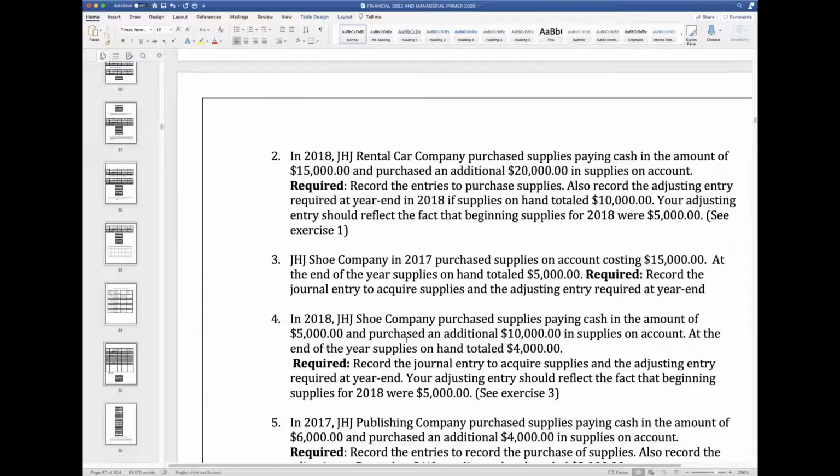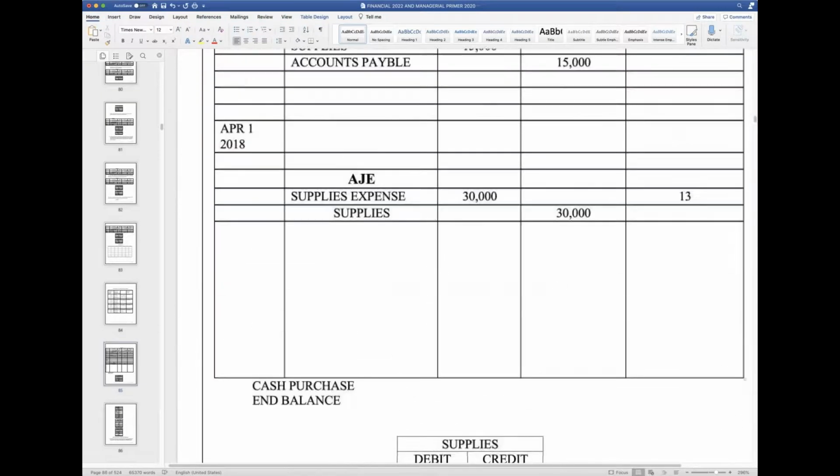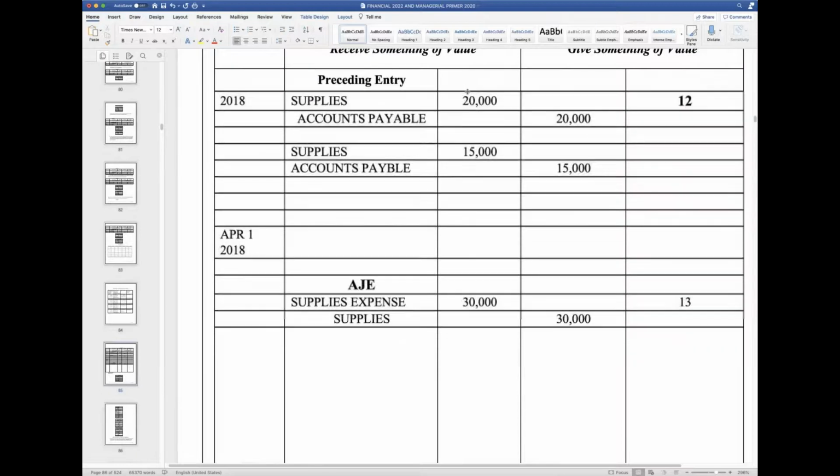So everybody got the facts right for number 3. So only 2 numbers. So we're starting over now. We don't have the rental car company, we have the shoe company now. So we've got to close all our numbers out.